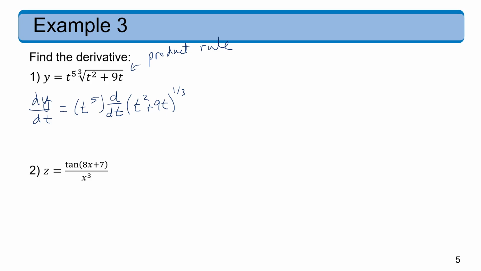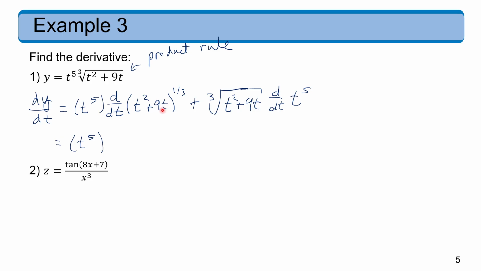Continuing with the product rule, we have plus the second, so I'll just copy it as it is, times derivative of the first. Now we still need to calculate those derivatives. So we keep this t to the fifth. Now the second term is a composite function, right?